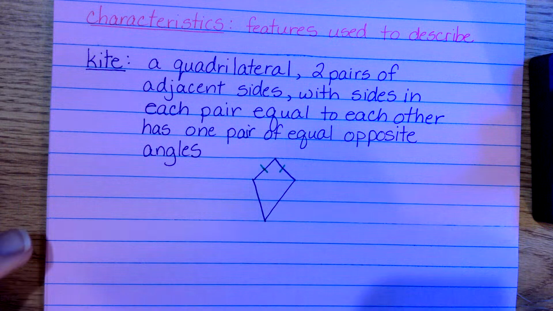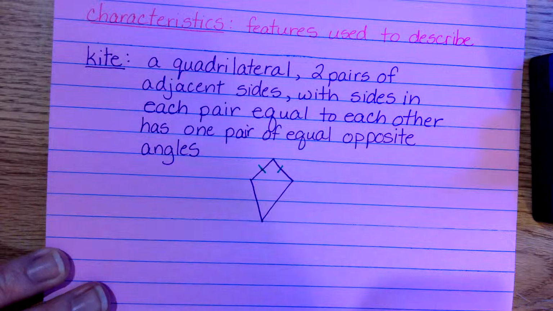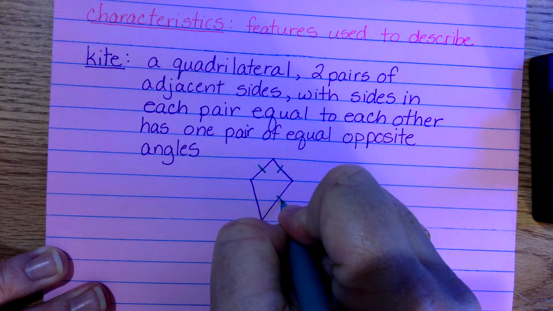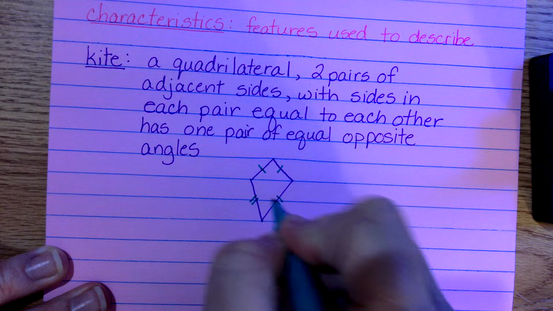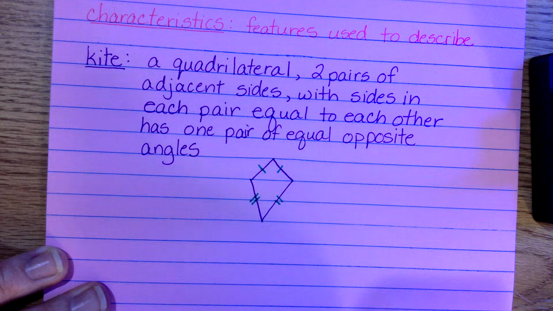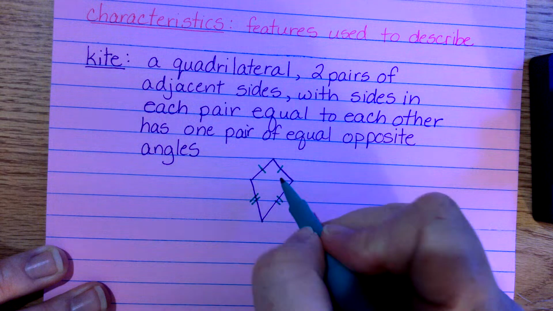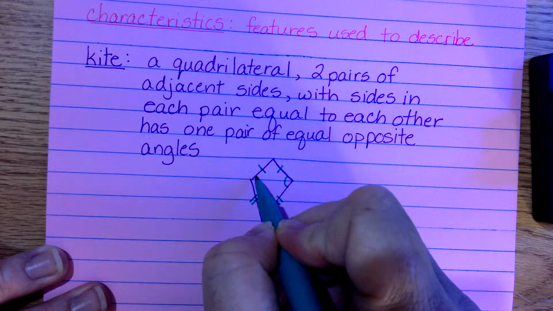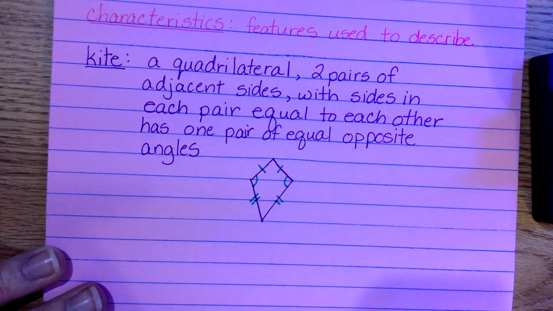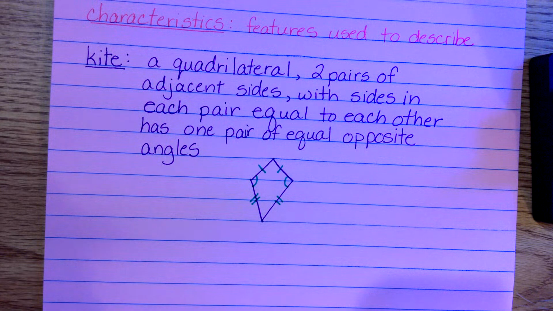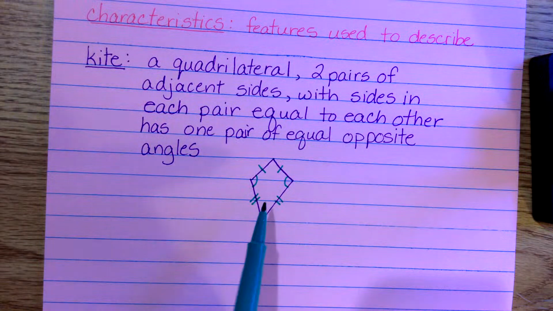That signifies a pair of lines that are equal to each other. And then this pair of lines is equal to each other. And then opposite angles are equal to each other. So it looks like a really angry mouse, but that ultimately is a kite.